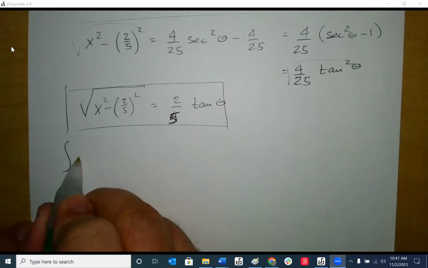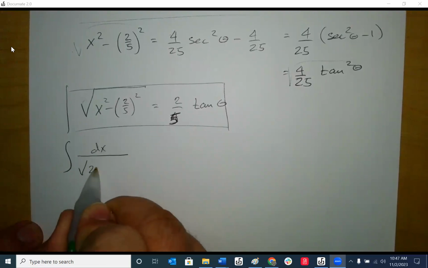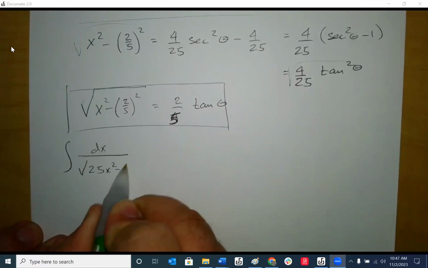So our original integral was dx over 25x squared minus 4.